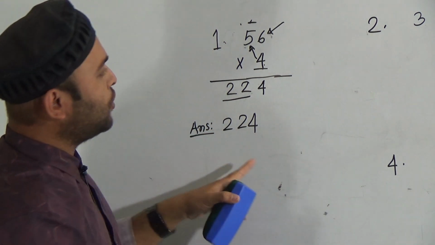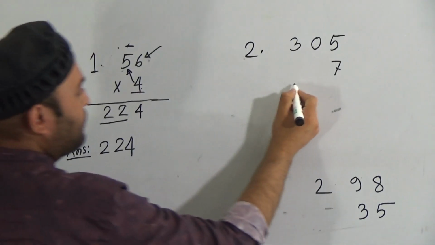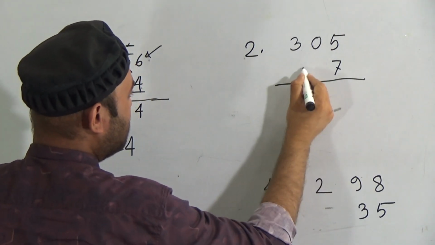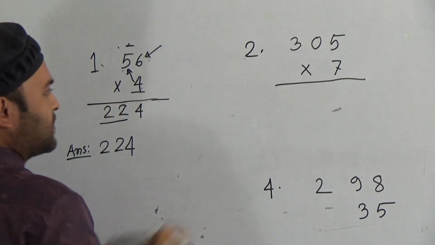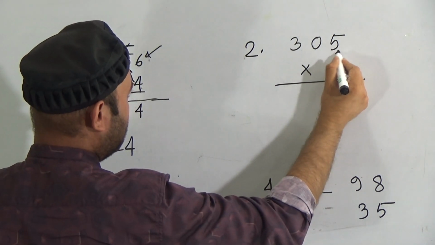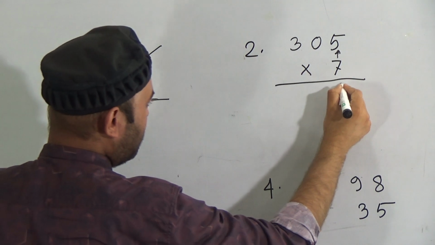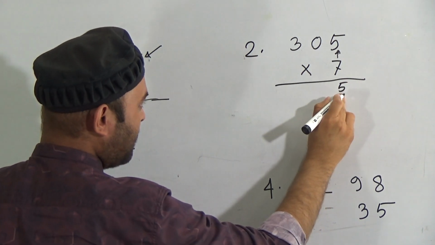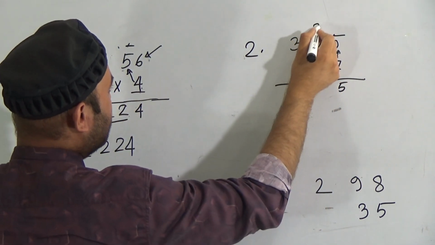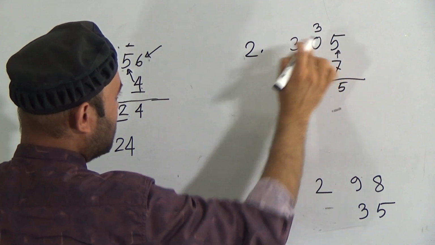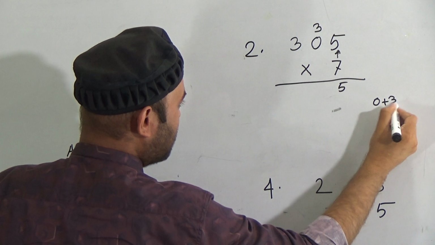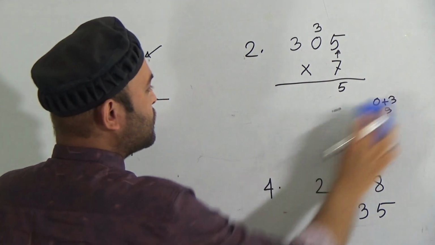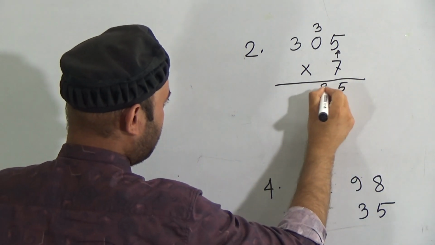My dear students, let's go to the next question. Similarly, you have to use the multiplication sign and draw a line. First of all, 7 into 5. 7 fives are 35, and there is carry 3. 7 zeros are 0. 0 and 3, we know that 0 plus 3 will be 3. So here it will be 3.